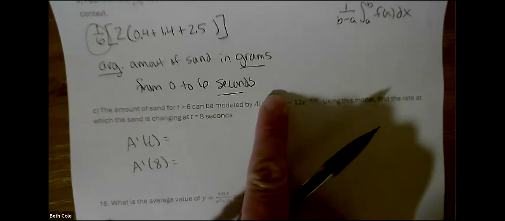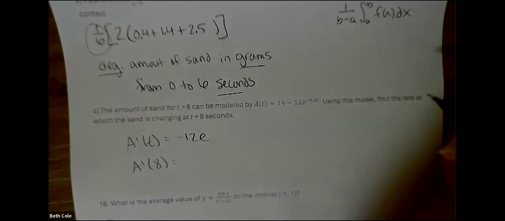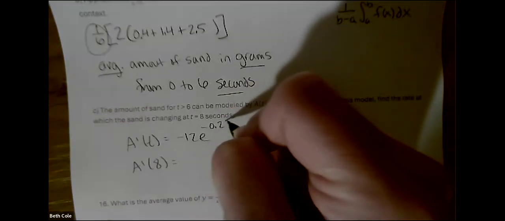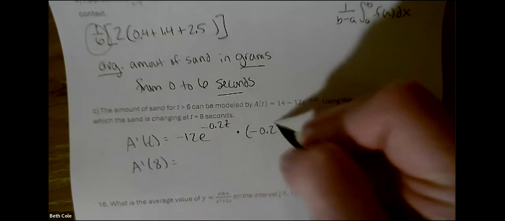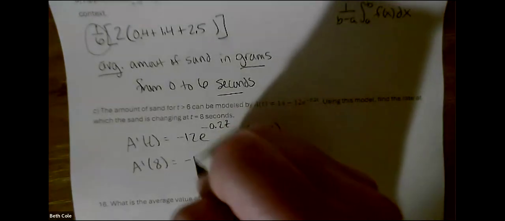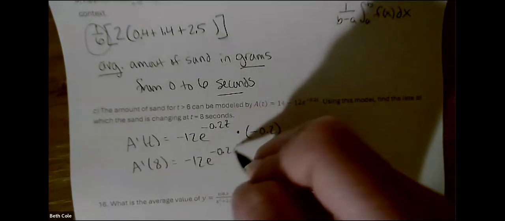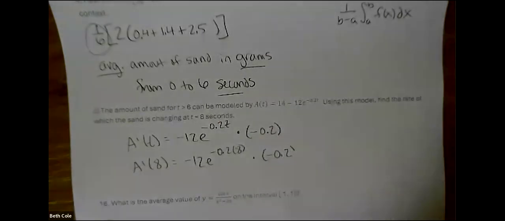E is itself. So it is simply going to be negative 12 e to the negative 0.2t. And then there is a chain rule. You have to chain on negative 0.2. And then you're going to just repeat this and plug in 8 for your time.